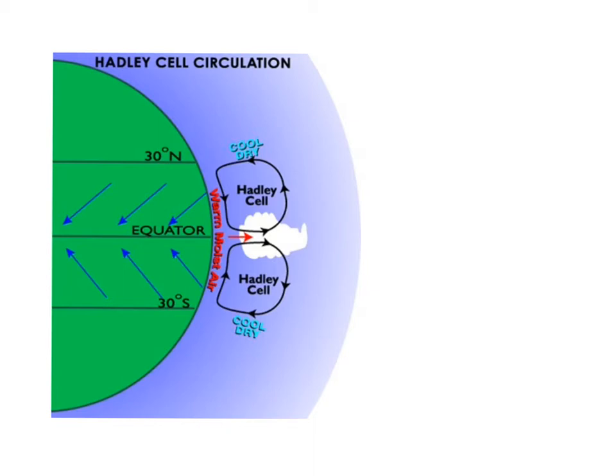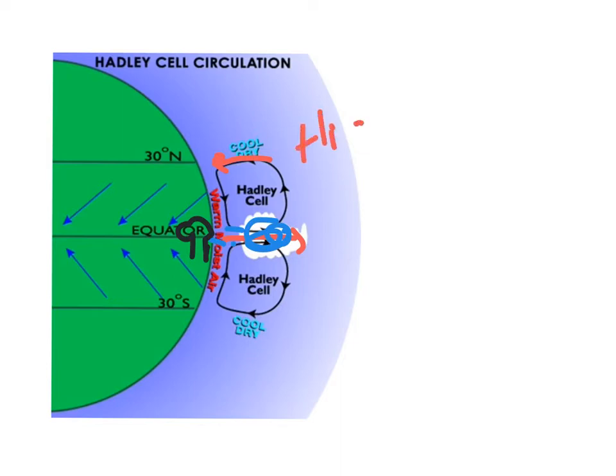And this is the reason why: this is the Hadley cell, and we know that within the Hadley cell the air at the equator rises up, and as air rises it cools and condenses to form clouds, and it rains, which is why we find rainforests on the equator. But where the air is sinking down, this is what's called a high pressure, and the high pressure is along the tropics.